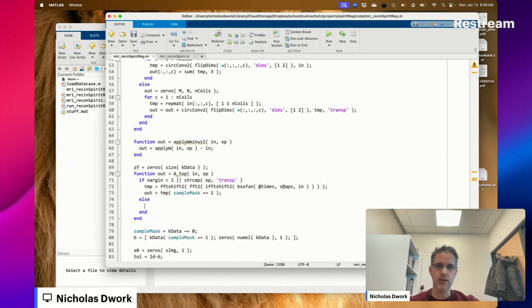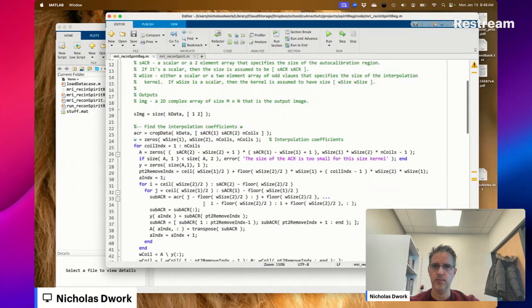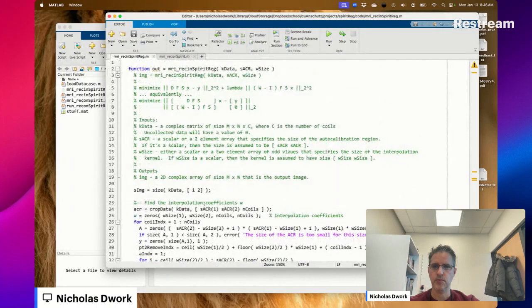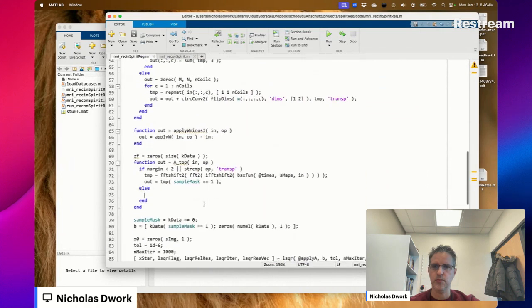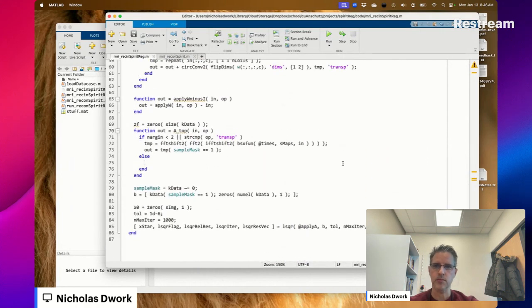Now, one thing to note is that we don't yet have the sensitivity maps. I'll show you how to get that in a second. Okay, so now I'm going to take ZF, wherever sample mask is equal to 1, and send in the input. That's the adjoint of this line.